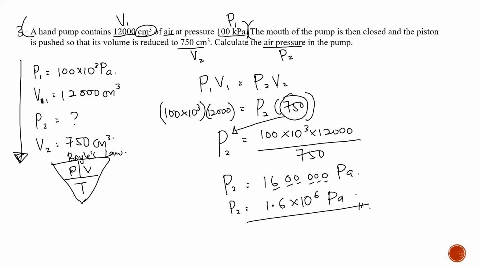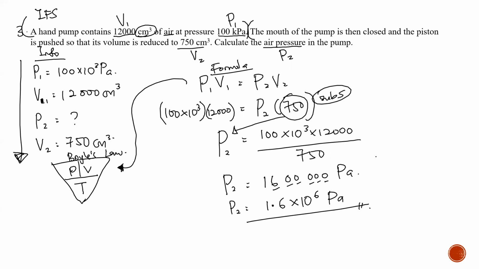This is index form, standard form, or you can just copy on. Alright, so info, formula from the P V over T, substitute, solve, answer. So IFS: info, formula, substitute, solve it by linear equation. Alright. So 1, 2, 3. Next slide.